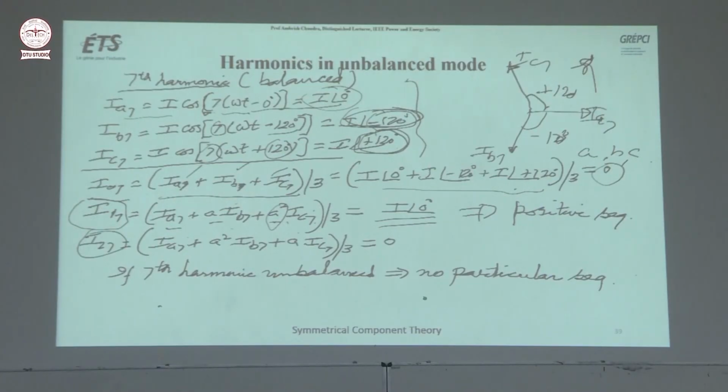And then I27, the negative sequence of the seventh harmonic, is 0. So mathematically you can see the seventh harmonic, if balanced, is a positive sequence. So this is how mathematically you can see the fifth harmonic is a negative sequence if balanced. If the seventh harmonic is unbalanced, then it will have zero sequence also, positive sequence also, and negative sequence. So this is a very important thing to verify.